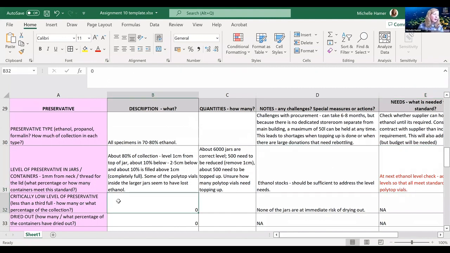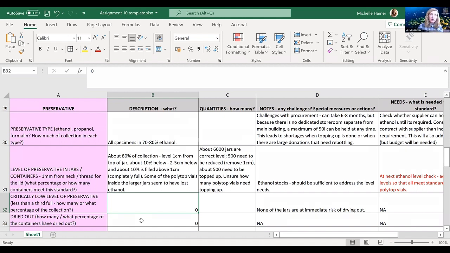How much of the collection is critically low, so less than a third? Is there anything that's really close to being a crisis? About how much of the collection is a third or less full with preservative? And then how many or what percentage of the containers have dried out?